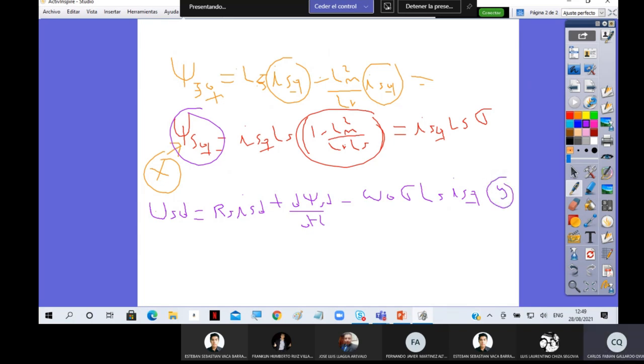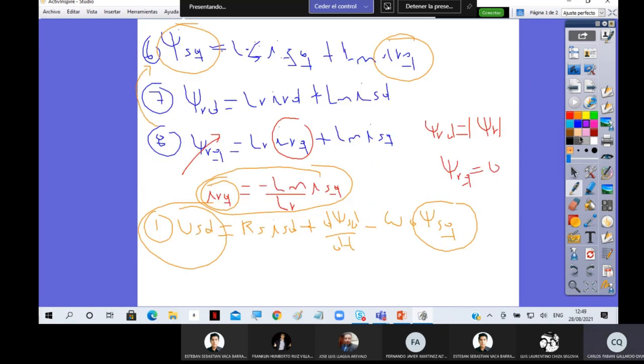So now I want to work with equation 7 and equation 5, substituting equation 7 into equation 5. This is equation 7; I will substitute it into equation 5.